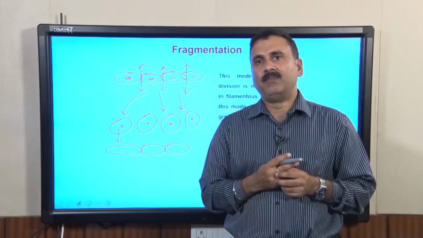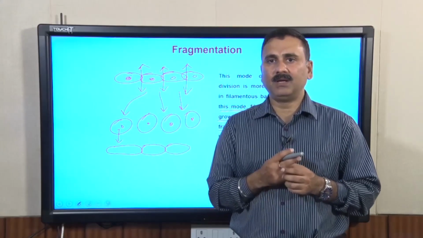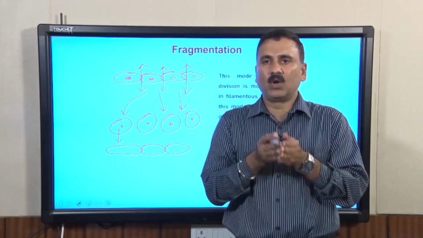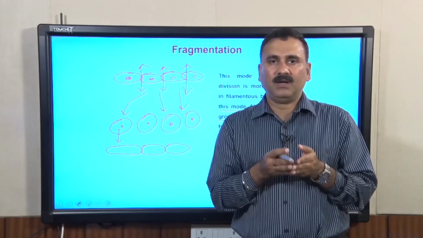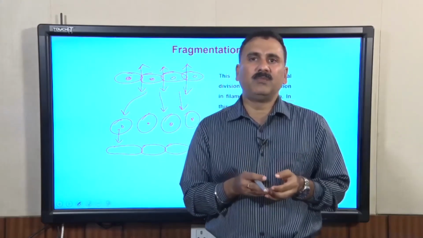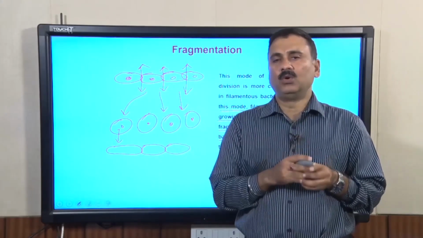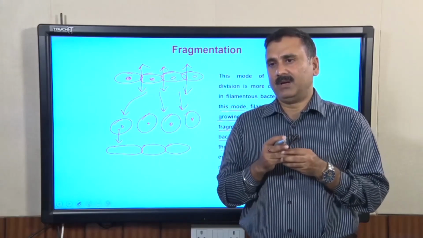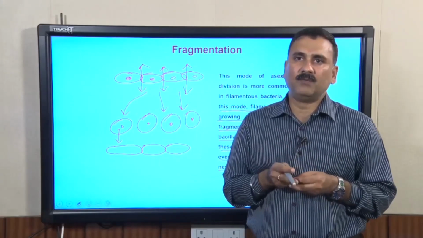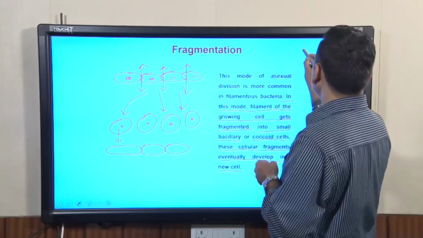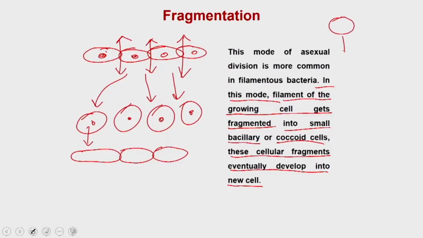But the question comes, if they are growing in number, how could you monitor the growth of a bacteria in a given media? What I am trying to say is, suppose you started with one bacteria, then eventually it will form 2 bacteria, and the 2 bacteria will form 4 bacteria.